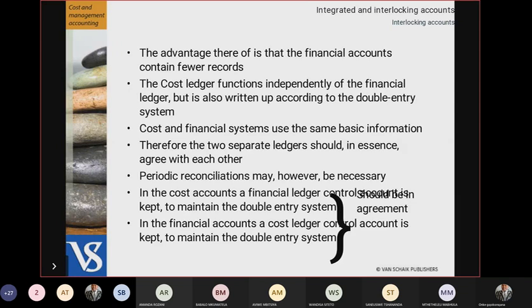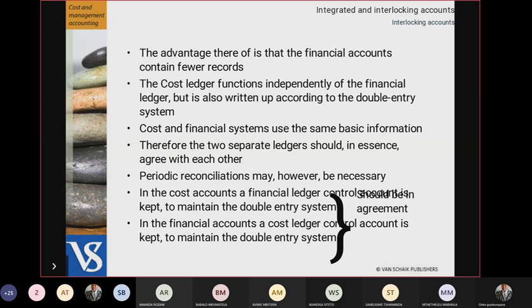In the cost accounts, a financial ledger control account should be kept to maintain the double entry system. In the financial accounts, a cost ledger control account is also kept to maintain that double entry system. So that's how we maintain the double entry system.